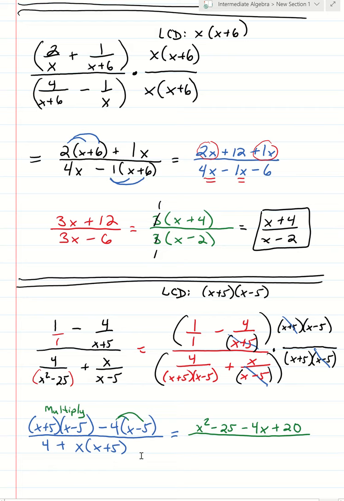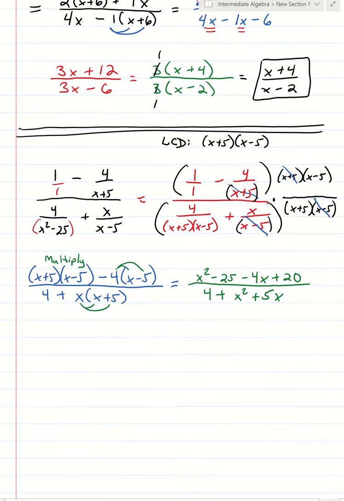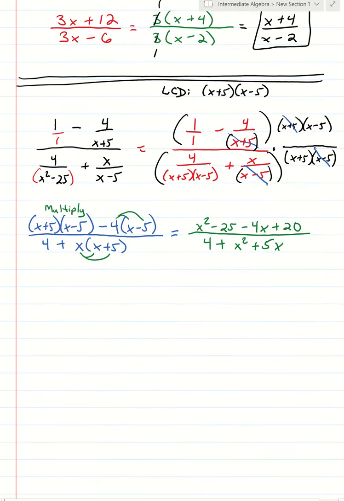In the denominator, I will distribute my x. So now I have 4 plus x squared plus 5x. That was all the multiplication. Now, of course, what I will do is combine any and all like terms.